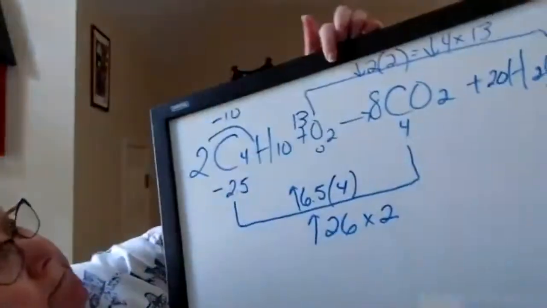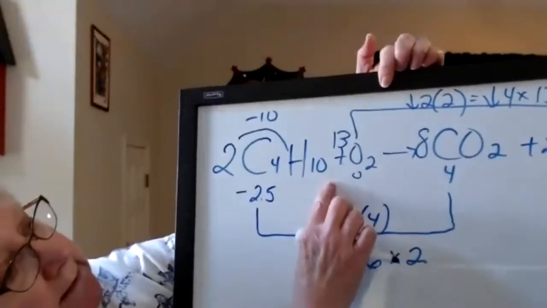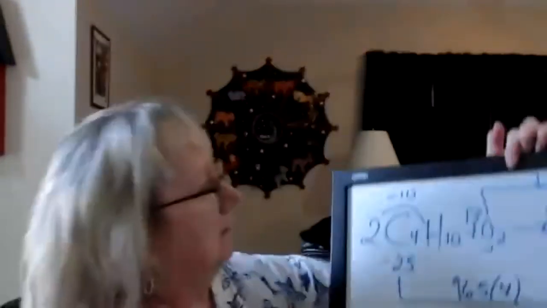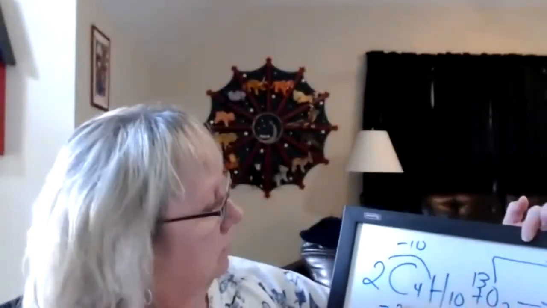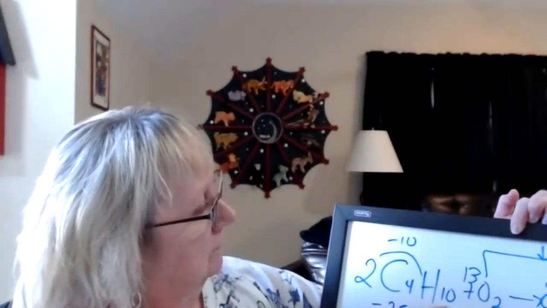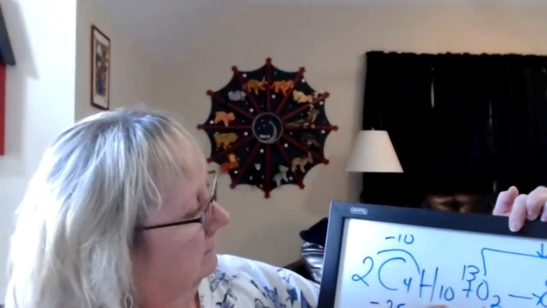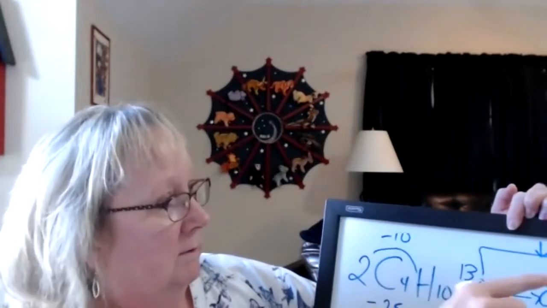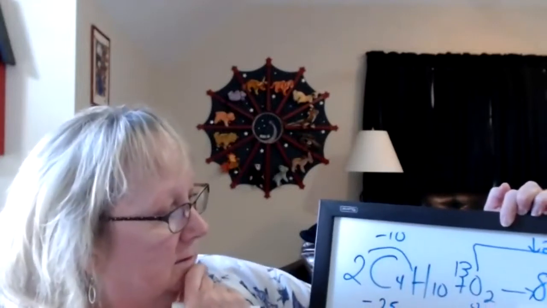So let me just finish it out. So we've got 20. So last check would be, if I've got 26 here, oops, that's not right. What did I do wrong? 4 times 13 is 52, 26 times 2.